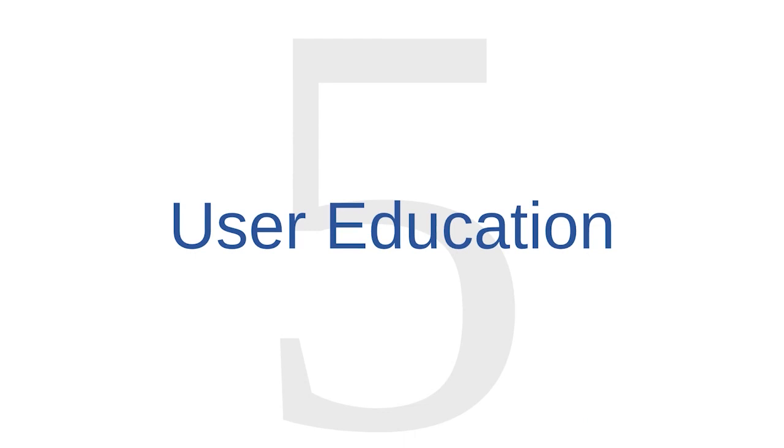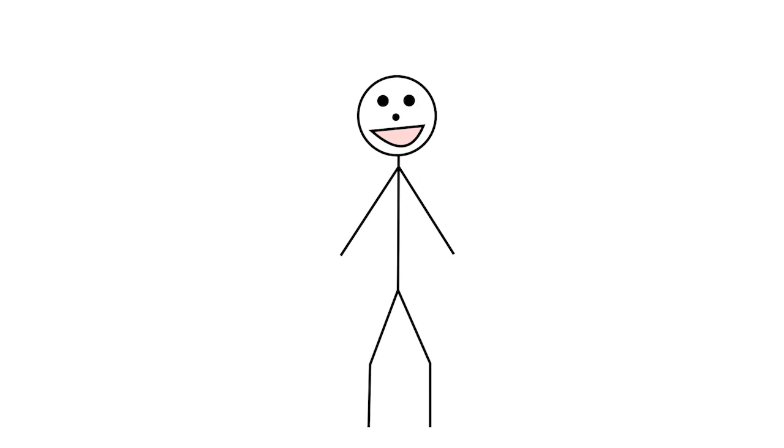Layer number 5 is user education. So far, we have focused mainly on your computer, but we think it's important to also focus on you, the user. You are, after all, the person who is under attack, and we'd like to discourage the idea that you're just a passive participant in cybersecurity.